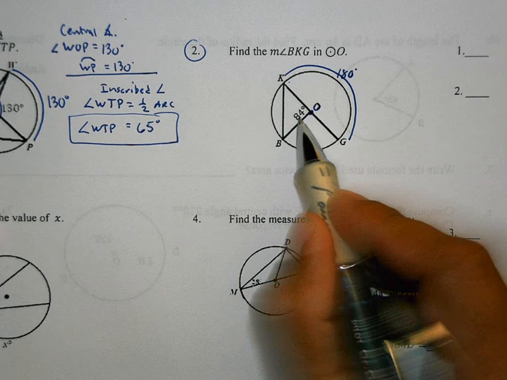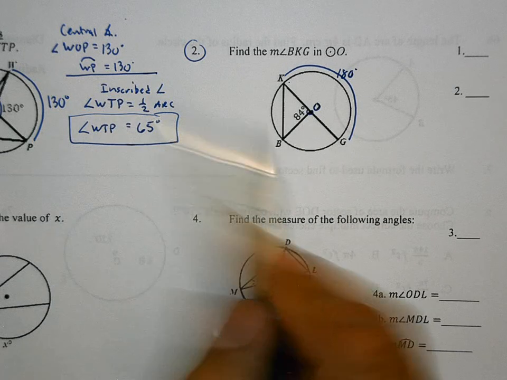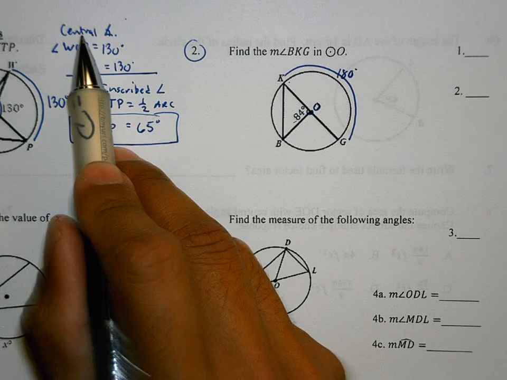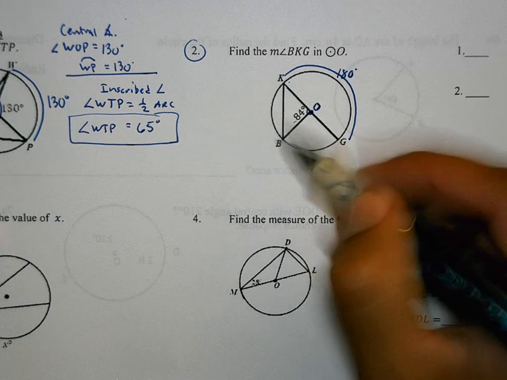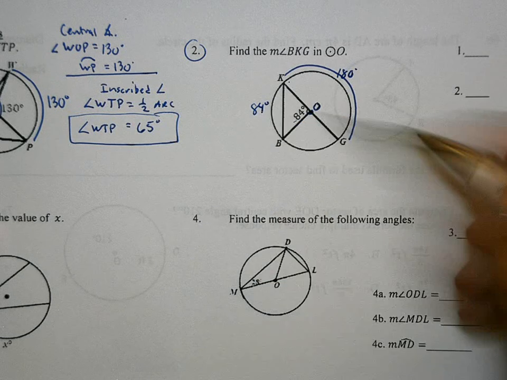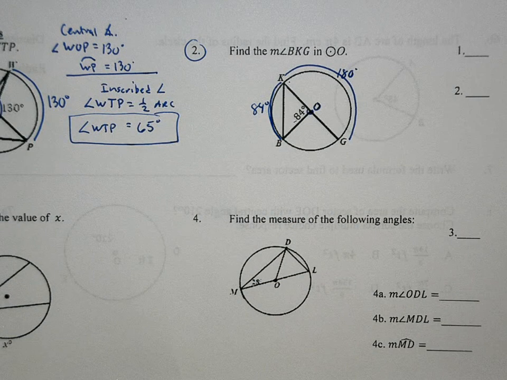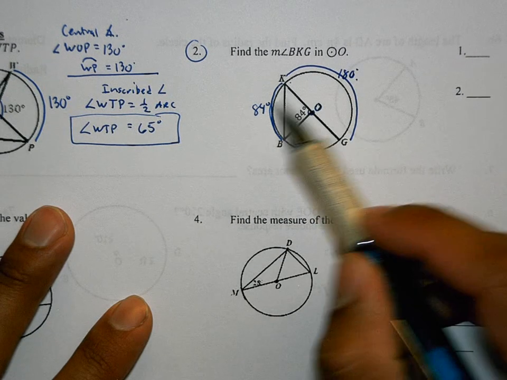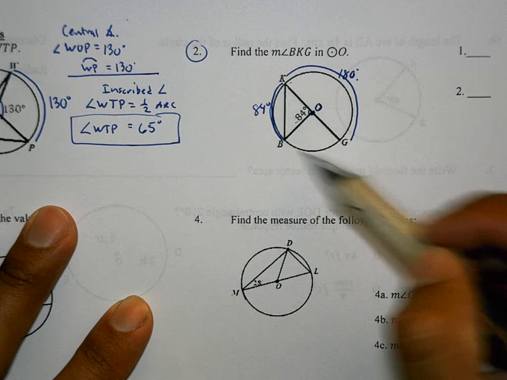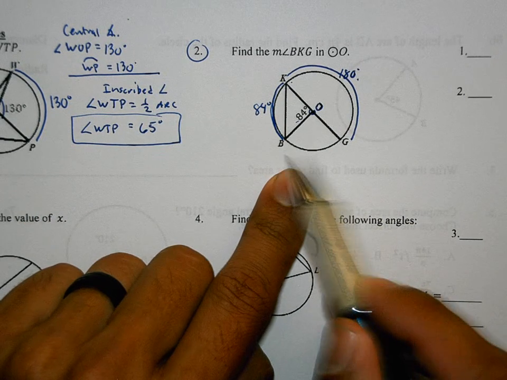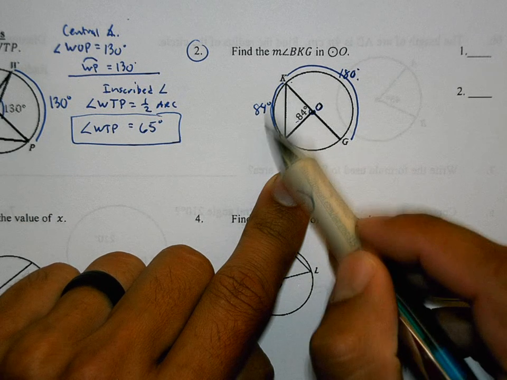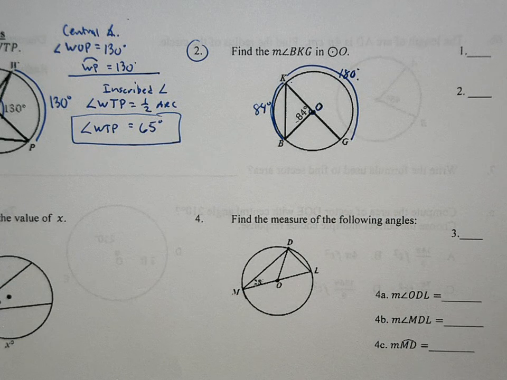If this is 84, earlier we called that a central angle, which makes this arc 84 degrees. KB is 84 degrees. And so now that I see that this is 180 and this is 84, then this other arc, BG, and this 84 have to add up to 180 degrees, or they all have to add up to 360.